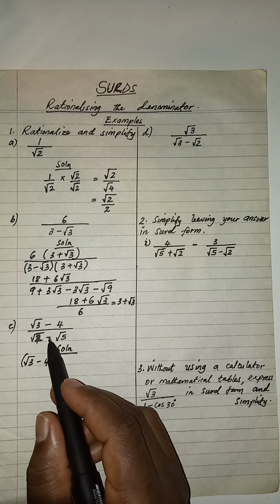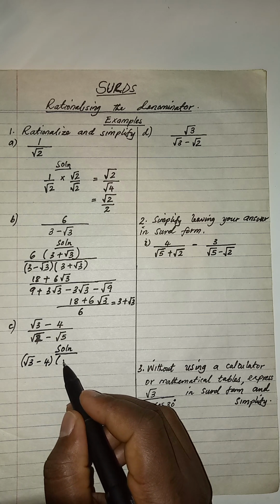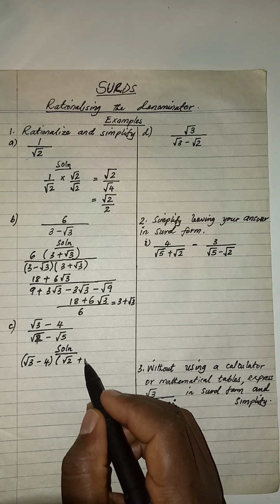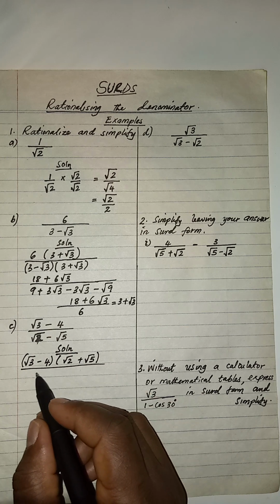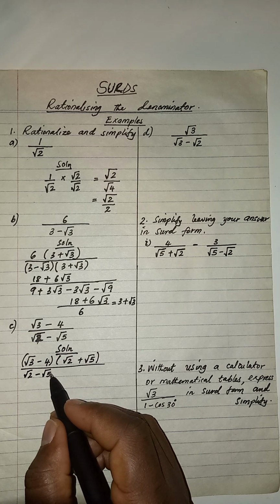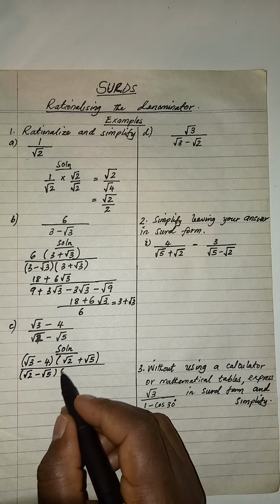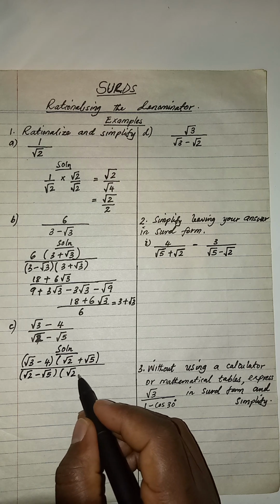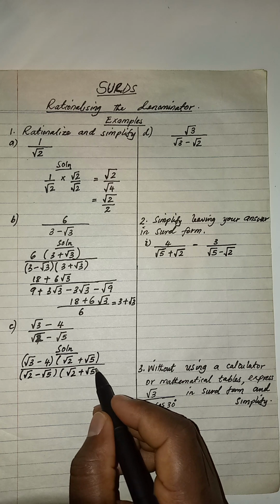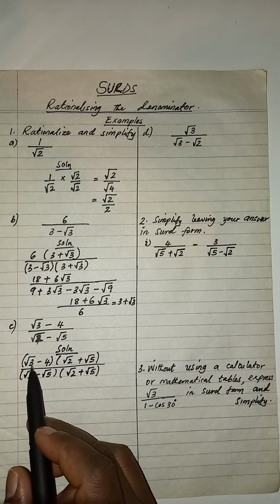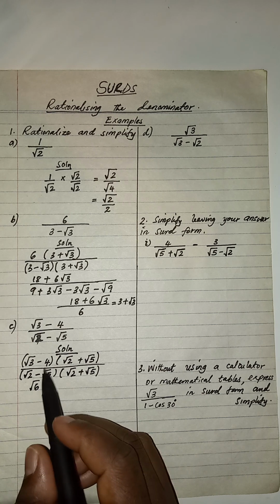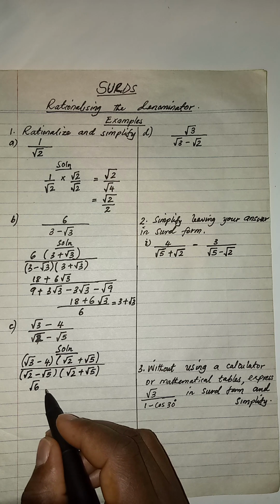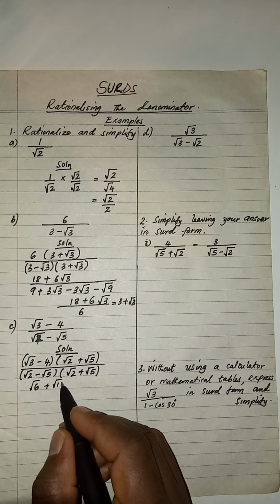The sign now changes to positive, root 2 plus root 5 in brackets, over root 2 minus root 5 in brackets, multiplied by the conjugate root 2 plus root 5. So 3 times 2 gives us the square root of 6. 3 times 5 gives us plus the square root of 15.